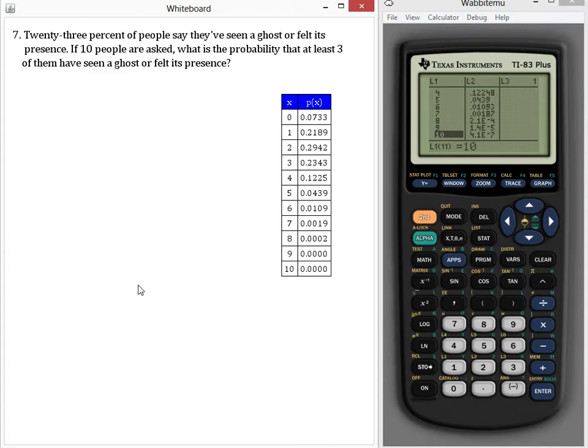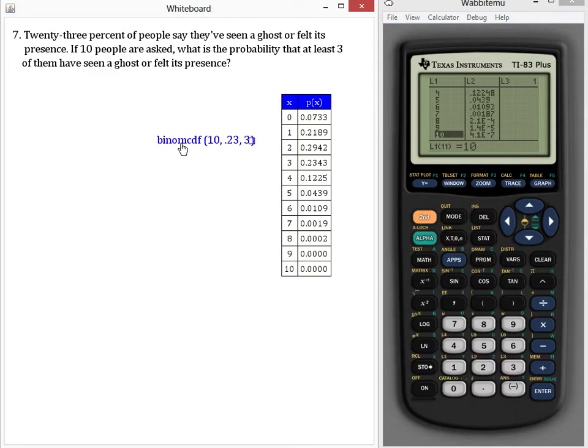Okay. Now, here's the thing about this. I'm looking for the probability that at least 3 of them have seen a ghost or felt its presence. So if I input binom CDF, let me write it right here. Binom CDF 10, 0.23 and 3.